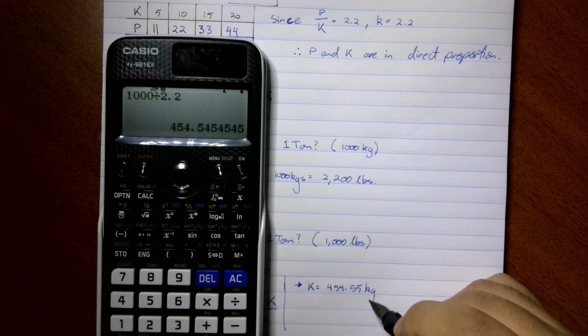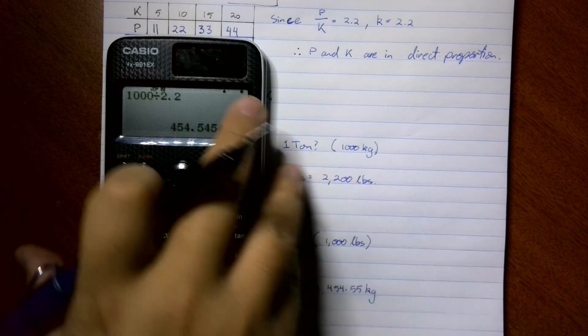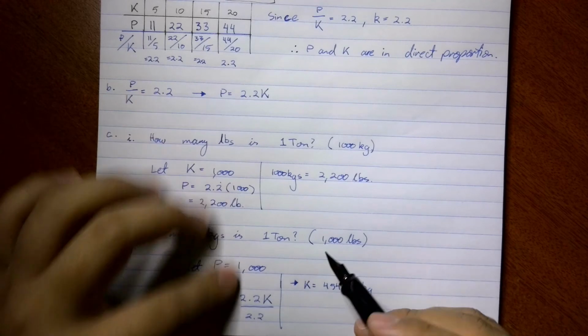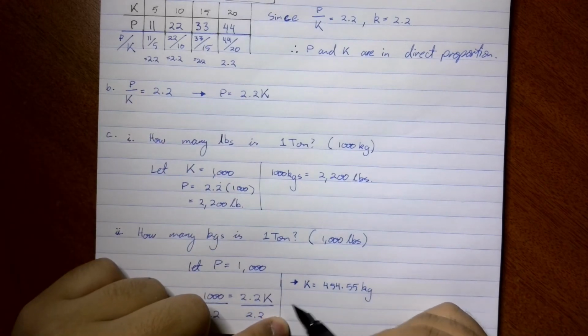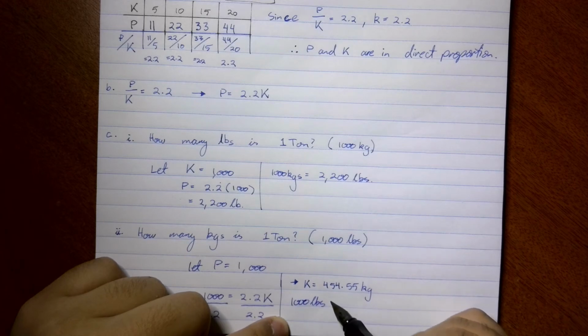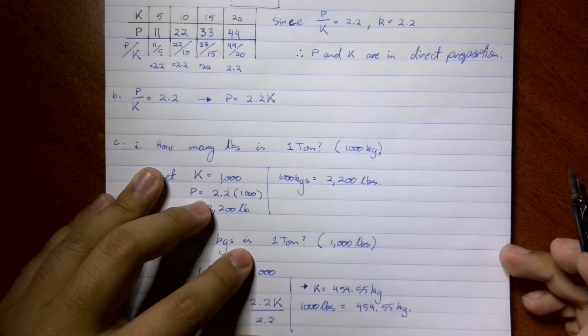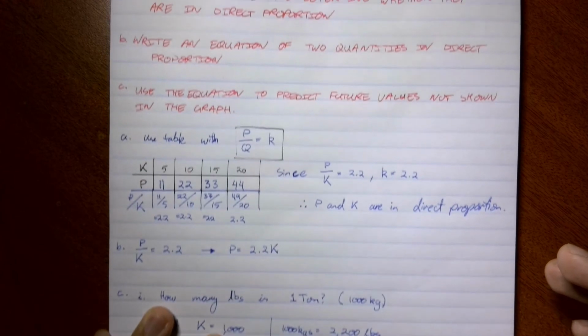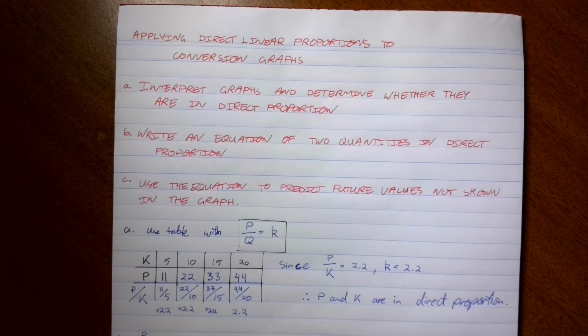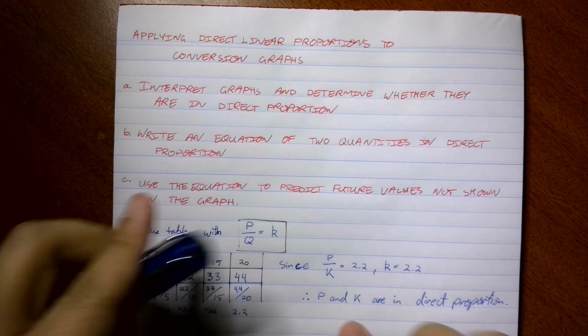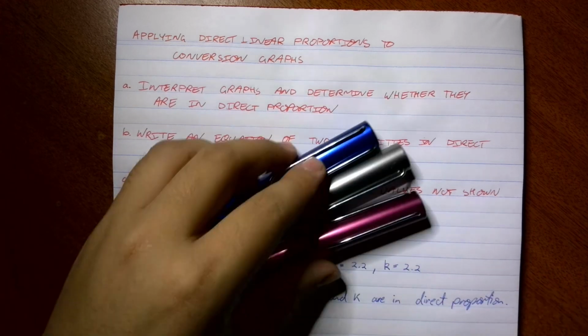So now we can officially say from this graph that 1,000 pounds is equal to 454.55 kilograms. I hope this has given you an insight into the application of direct linear proportions to conversion graphs. Best of luck.